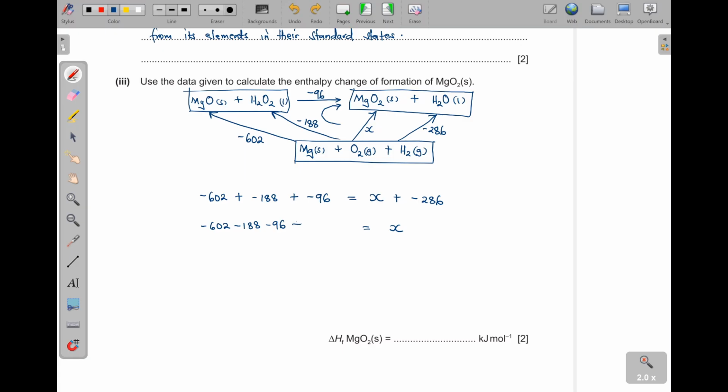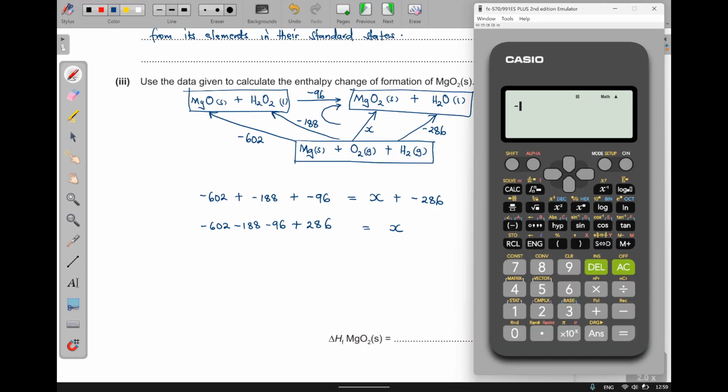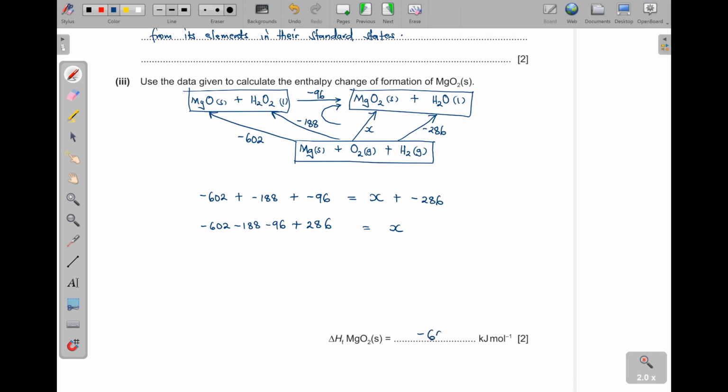So we shall have plus 286. And what is our answer here? Negative 602 minus 188 minus 96, then plus 286. We get our answer as negative 600. Negative 600 kilojoules per mole.